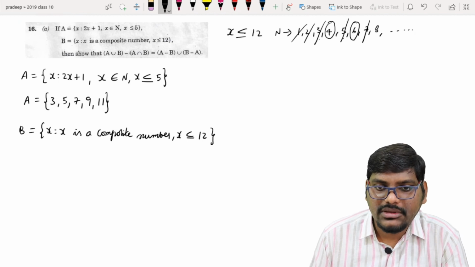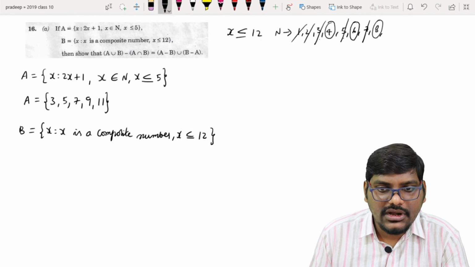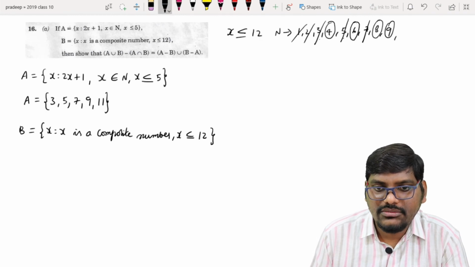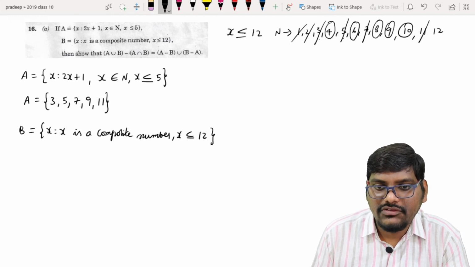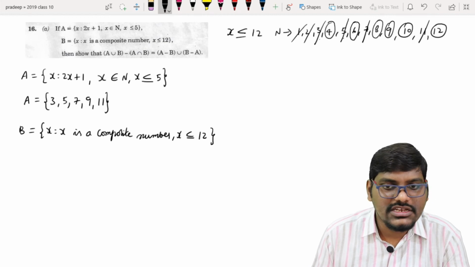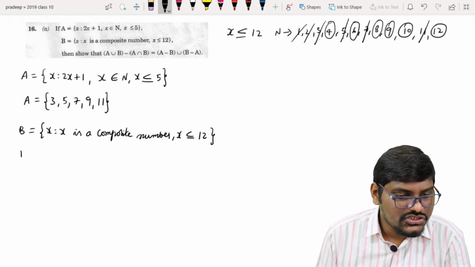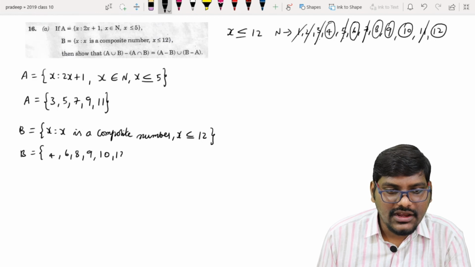Again 7 is prime, so 8 is composite. 9 is also composite, 10 is composite, but 11 is prime, and 12 is composite. So all these composite numbers till 12 are our set. So B is equal to {4, 6, 8, 9, 10, 12}.